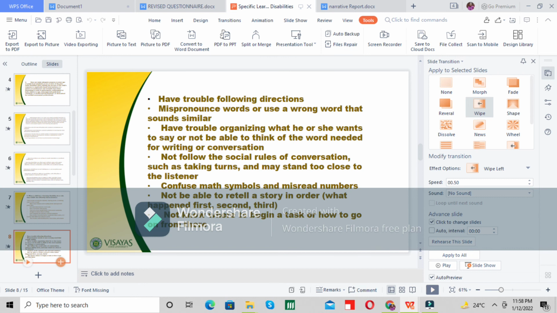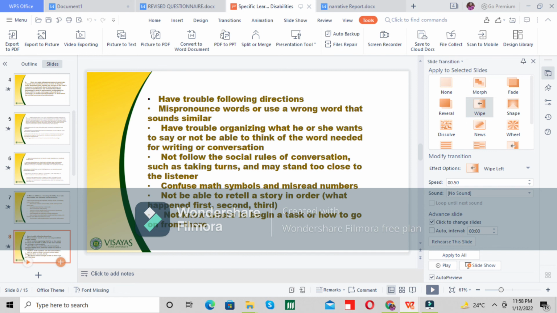Have trouble following directions, mispronounce words, or use a word that sounds familiar. Another, have trouble organizing what he or she wants to say, or not able to think of a word needed for writing or conversation. Then, not following the social rules of conversation, such as taking turns, and may stand too close to the listener. Confuse math symbols and misread numbers.